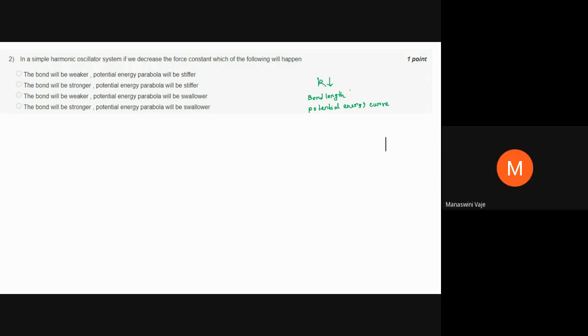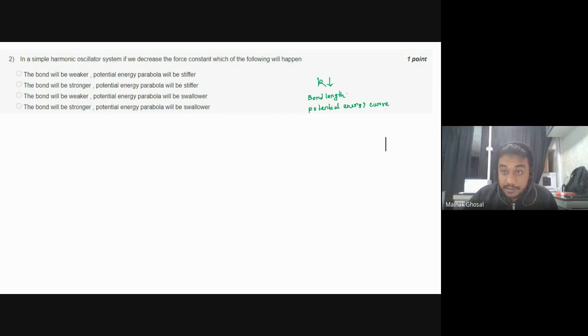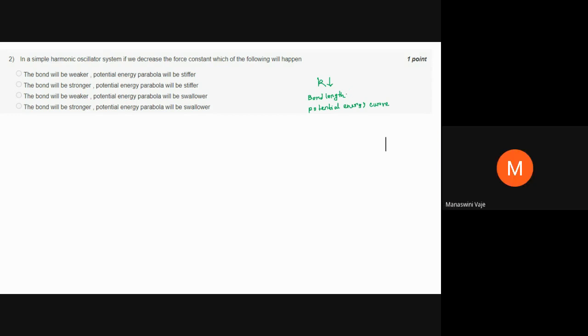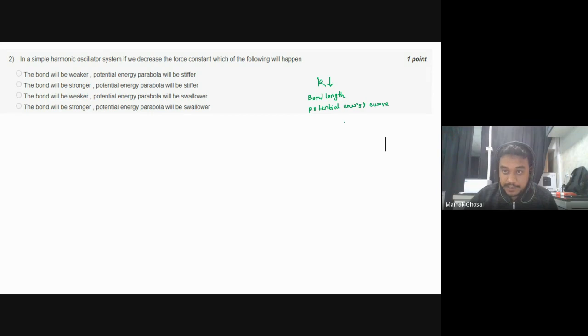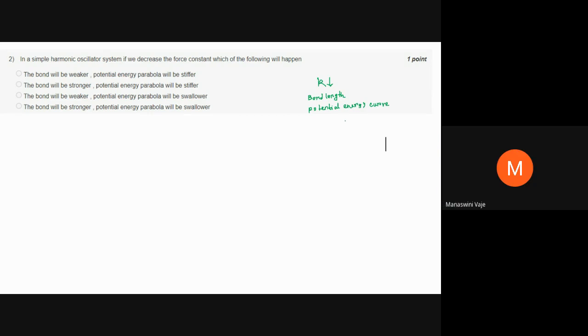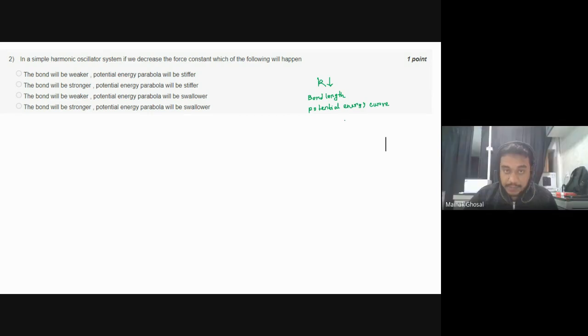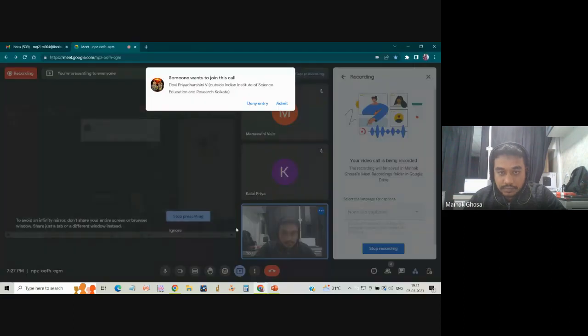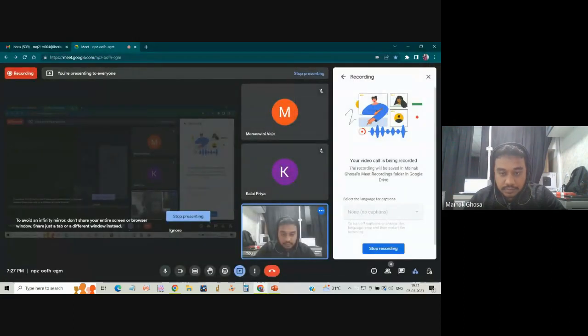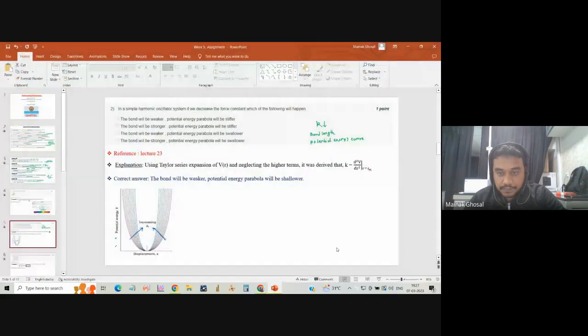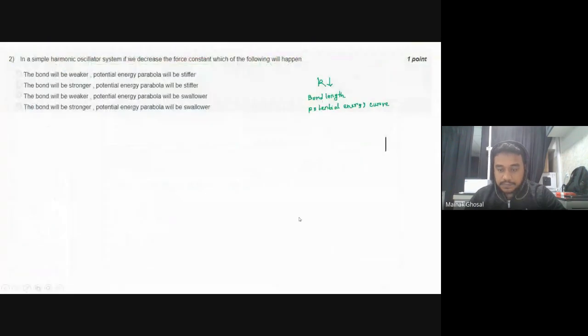The bond length will increase or decrease? The bond will be weaker. And the potential energy parabola will be shallower. Okay.